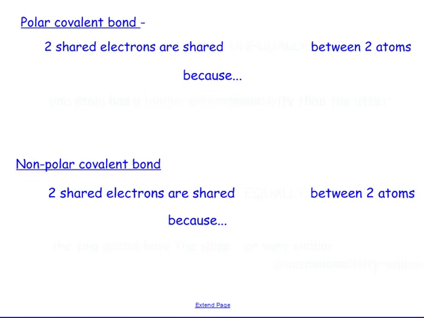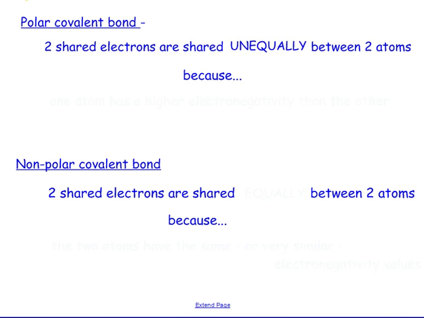Now, we said that the point of this lecture was to classify covalent bonds as either polar or nonpolar. So here's where we're going to start to define what those two distinctions are. A polar covalent bond. Now think polar as in North Pole, South Pole, opposite ends of the planet. A polar covalent bond is when you have two shared electrons that are shared unequally between two atoms.